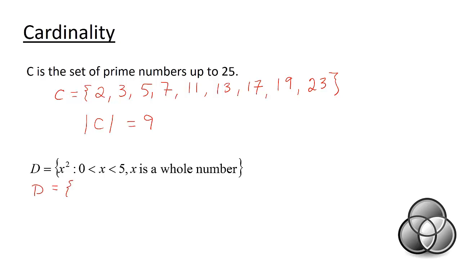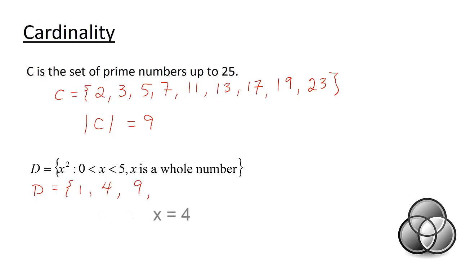For set D here, it might be useful to change from our set builder notation, which is what we have now, to a list. So what we need to do is pick whole numbers x that are between 0 and 5, and we're going to square them. So the number 1 is between 0 and 5, and 1 squared is equal to 1. 2 is our next whole number, and 2 squared is equal to 4. 3 would be our next whole number, 3 squared is 9.